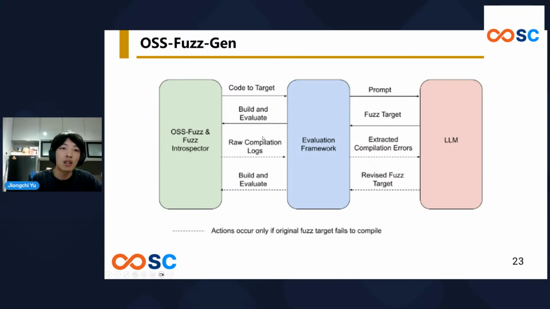After that, the build may crash or have different dependency errors, so they will have continuous communication with the LLMs. Once the fuzzer is built successfully, it will be passed to the OSS-Fuzz service and continue running. And once a bug is found, it will be reported to the developers as well.